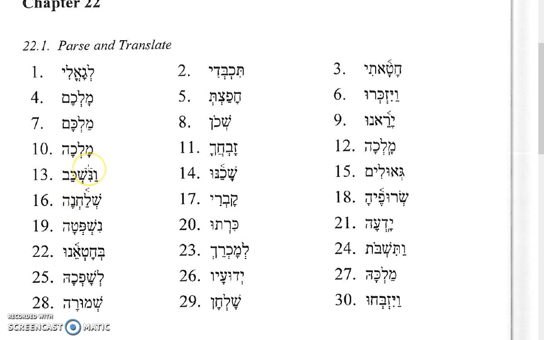That would make it a qal perfect third feminine singular. However, if you pronounce the qamets as a qamets hatuf, an o-vowel qamets, and that'd be molka, well, that would be the by form of the imperative.